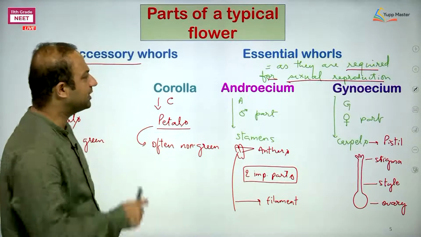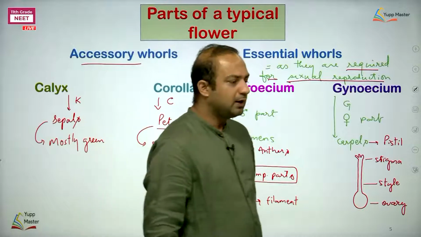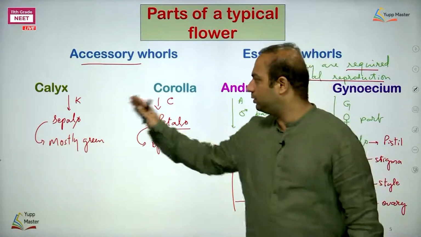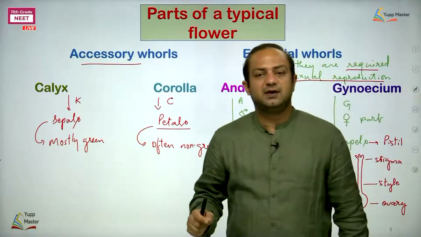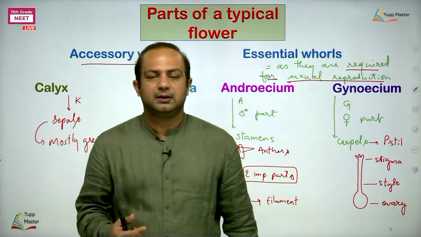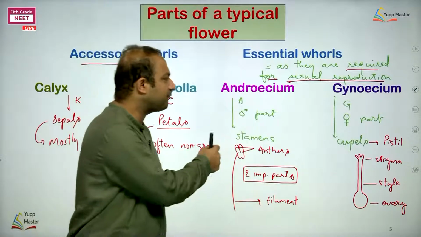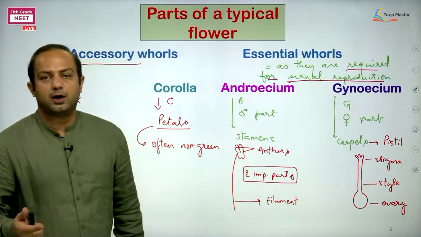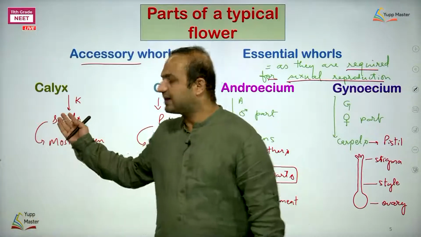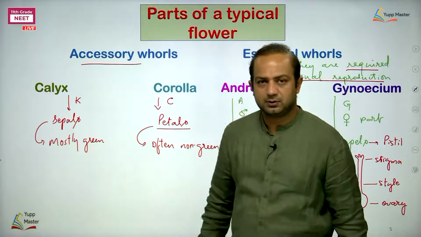Next, after the essential whorls, what do we need to study in the parts of a typical flower? If we have studied these four parts, we say this type of condition is seen in a typical flower. Now, there are flowers in which either the male or female part is present, or the calyx or corolla is present or maybe absent.